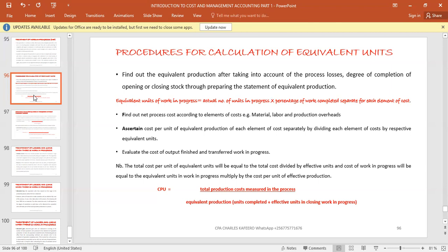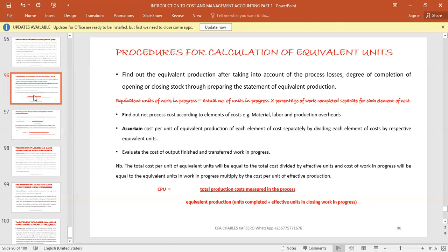Then we get the other units that we've introduced and we work on them separately. We don't mix the opening work in progress and the units introduced in the system.